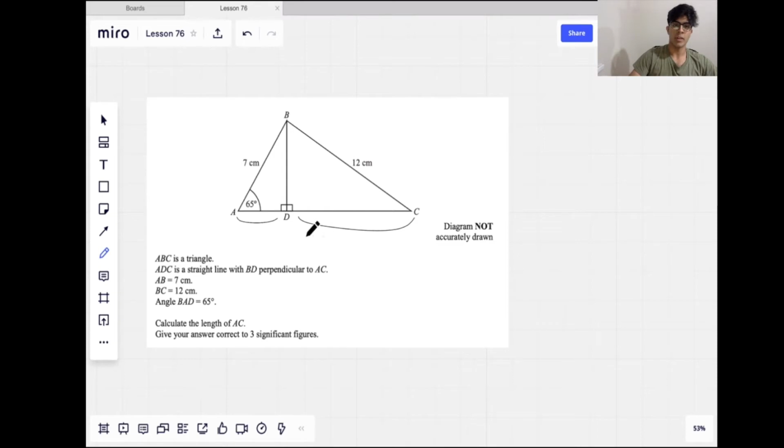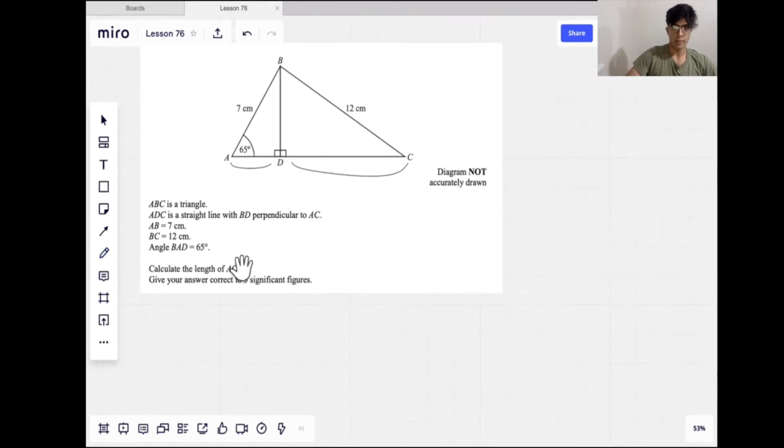Now, to find the length of AD, let's consider that one first. Let's label that x, so we say let AD equal x, and we label that on the diagram. If we need to find x, let's think about the 3 things we have: the hypotenuse, the angle, and the adjacent side. Running through our SOHCAHTOA, we see that cos satisfies this.